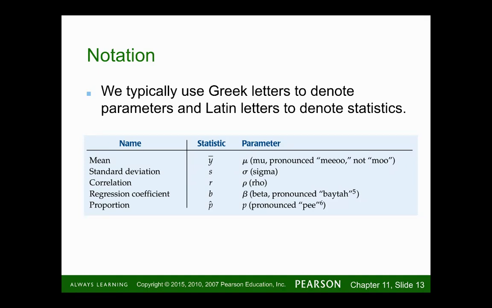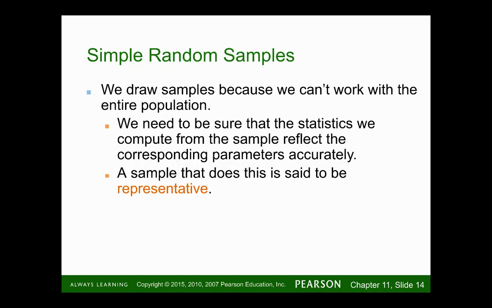Correlation, r, so we say r squared. But for a parameter, we use the Greek letter for r, which is rho, which kind of looks like a p. Regression coefficient, we just say b, but for a parameter, we say beta. Proportion, p hat, and then for the parameter, it's actually p. Okay? So keep that in mind.